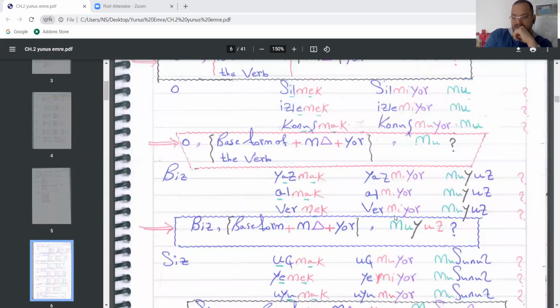This part, the side, will be constant because here we are dealing with the same your. To be: yazmıyor muyuz? Almıyor muyuz? Vermiyor muyuz?